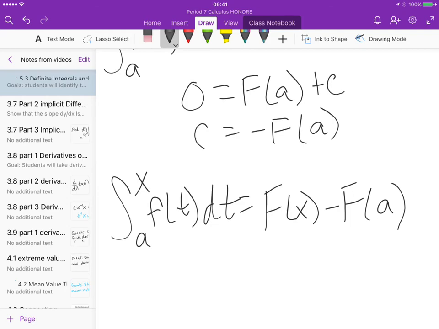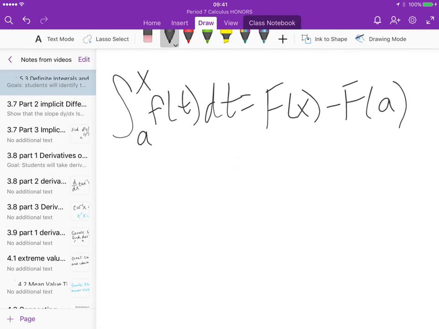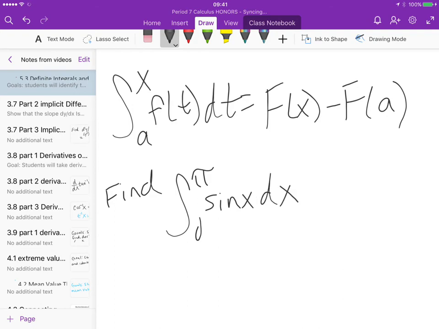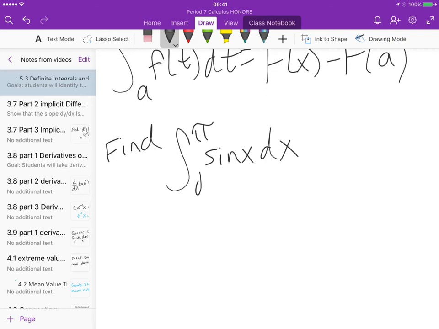Let's do an example and kind of put all the pieces together. All right? We want to find the integral from 0 to pi of a basic function, sine of x. So remember what the integral is, okay? We're trying to find what was basically the step before sine of x happening.